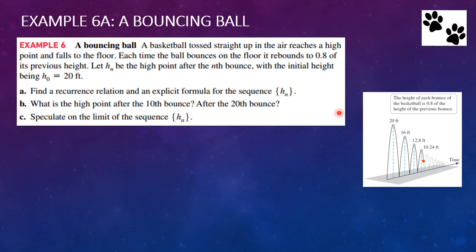Part A, find a recurrence relation and an explicit formula for the sequence. Part B, what is the high point after the 10th bounce, after the 20th bounce? And part C, speculate on the limit of the sequence h sub n. Hopefully, just conceptually, you know the answer to C, or have an idea about what you think it would be.